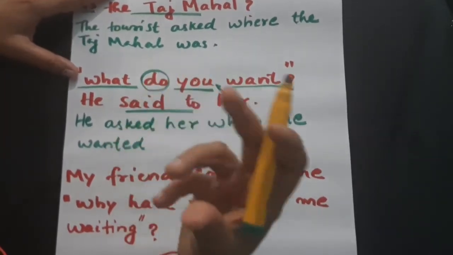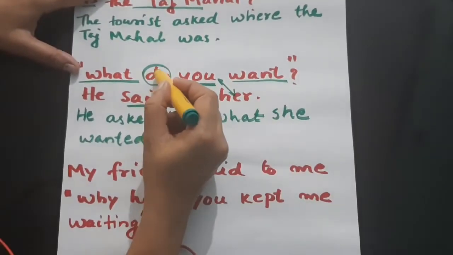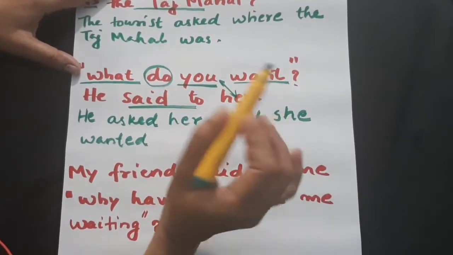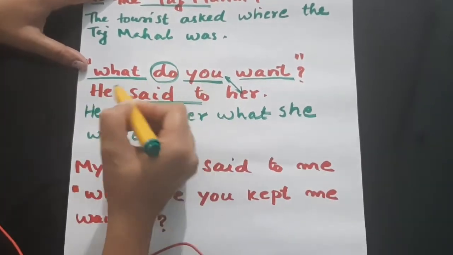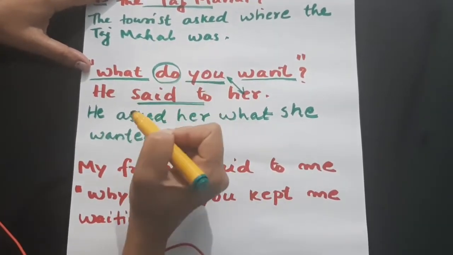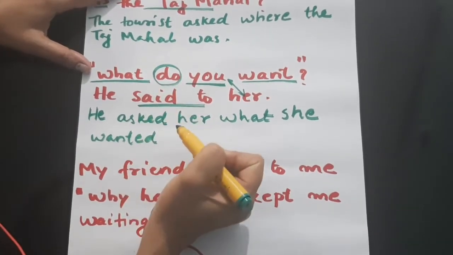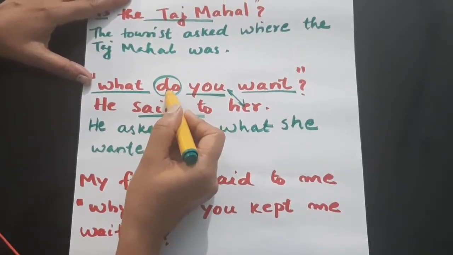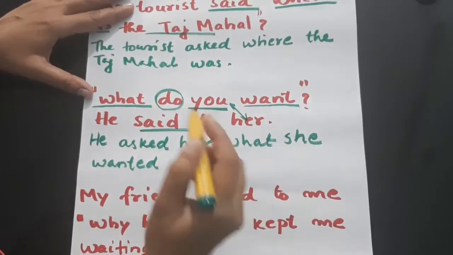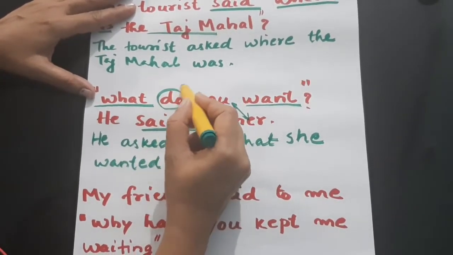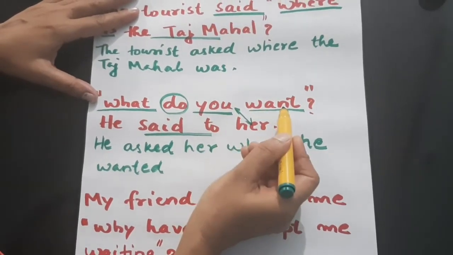See, here you have a do here. Do, simply you can neglect. That is, do plus want means want itself. So in the case of questions, when you report it, if you have do in direct speech, you can simply neglect it. The rule is simple, do plus want means want itself.